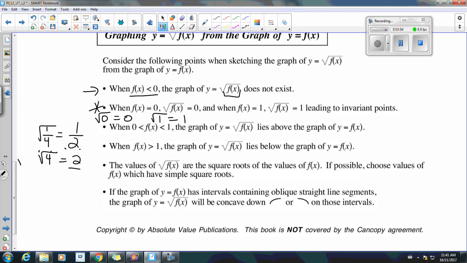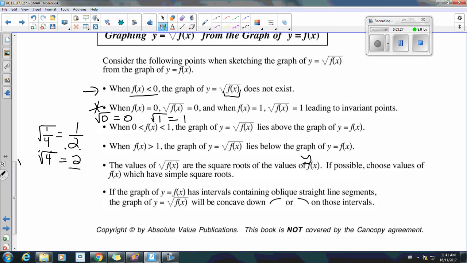So for when f of x is greater than 1, the graph of y equals the square root of f of x lies below the graph of y equals f of x. The values of the square root of f of x are the square roots of the values of f of x. So this means we square root the y values of our original function to make our new function, the square root of f of x.